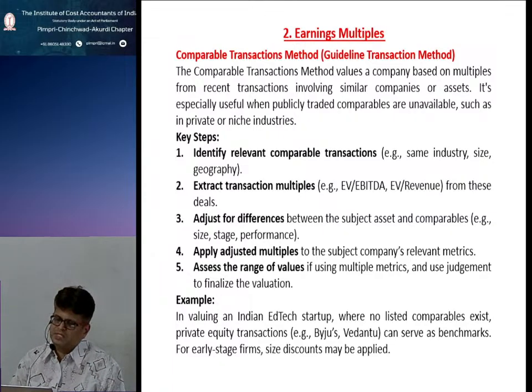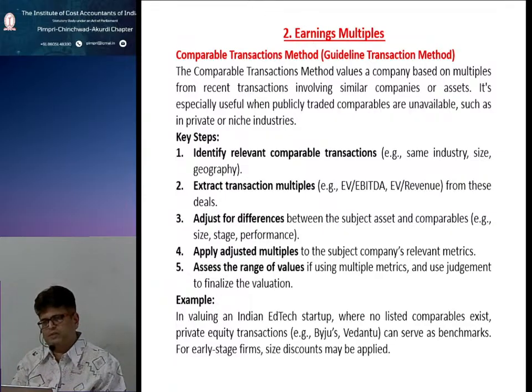Adjust for differences between the subject asset and comparables, for example size, stage, performance, etc. Apply adjusted multiples to the subject company's relevant metrics and assess the range of values if using multiple metrics, and use judgment to finalize the valuation.